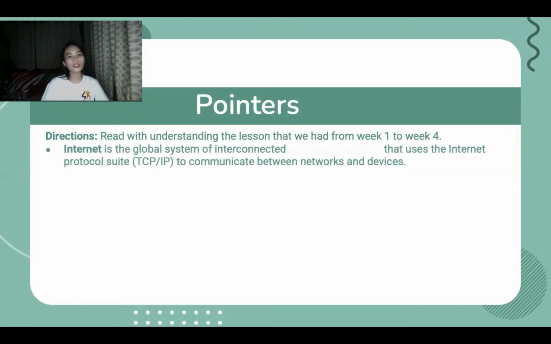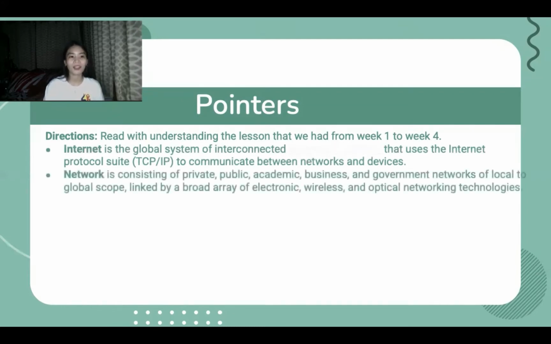It is the global system of interconnected protocol suite to communicate better between networks and devices. Next, we talked about network, consisting of private, public, academic, business, and government networks of local to global scope, linked by a broad array of electronic, wireless, and optical network technologies.